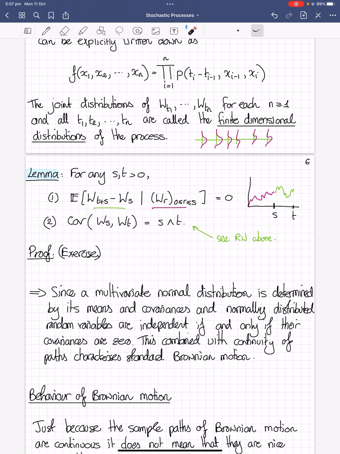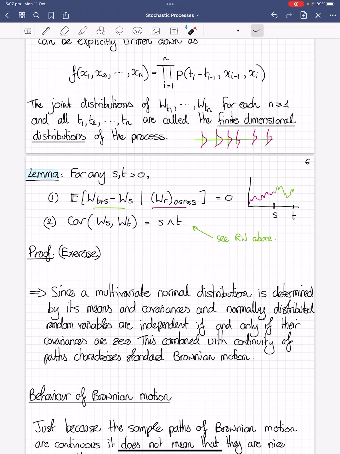And the other nice property is that since these finite dimensional distributions are all normally distributed, in fact it's all going to be a large multivariate normal distribution, and those are determined by their means and covariances. Normally distributed random variables are independent if and only if their covariances are 0.